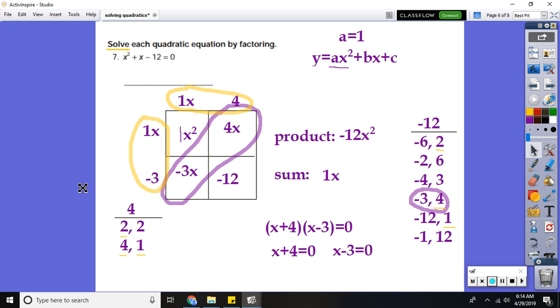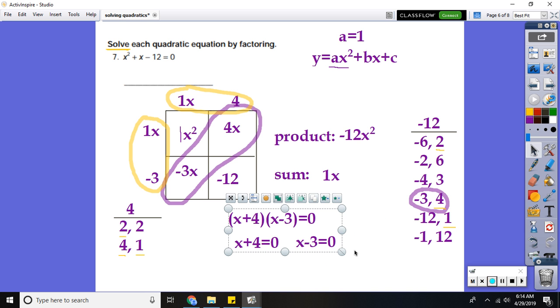And the reason I do that is because I know that if just one of those factors equals 0, my entire product would be 0. So I can solve this equation by solving these factors individually. Subtract 4 from both sides for this factor. Add 3 to both sides for this factor.